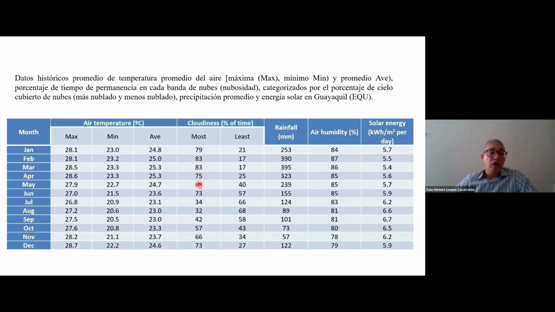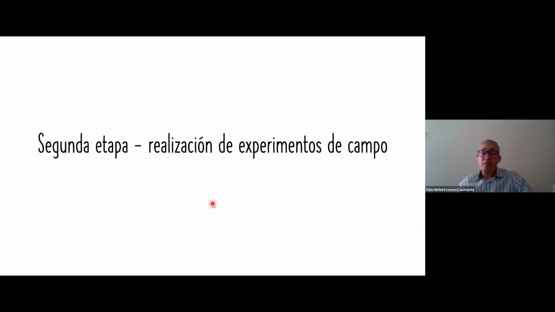Once we got into the summer months, July, August, and September, we started seeing a drop here, and then it starts to go up. So we did an experiment in September for one of the crops, and we had a period in which we did not have very high cloudiness for the production region, and that's the time in which we conducted the experiment.